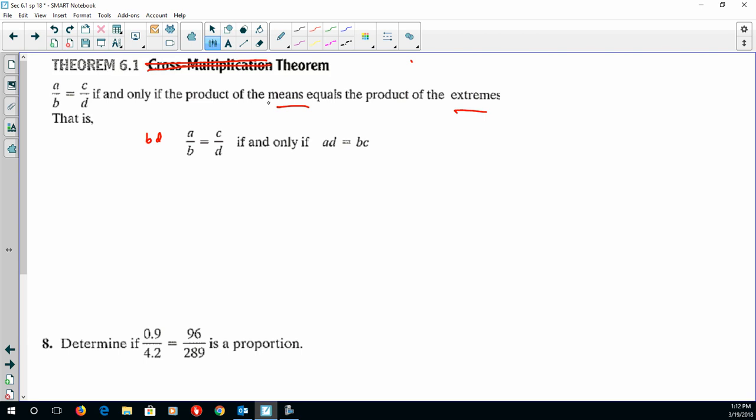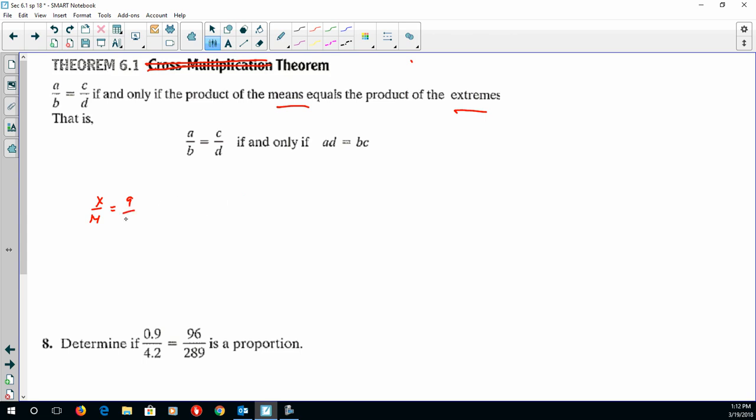Sometimes cross multiplication is not the way to go. For instance, if you're solving something like x over 14 equals 9 over 7, then cross multiplication would say take x times 7, and that should be 9 times 14. Okay. But that's a stupid way to work this problem.